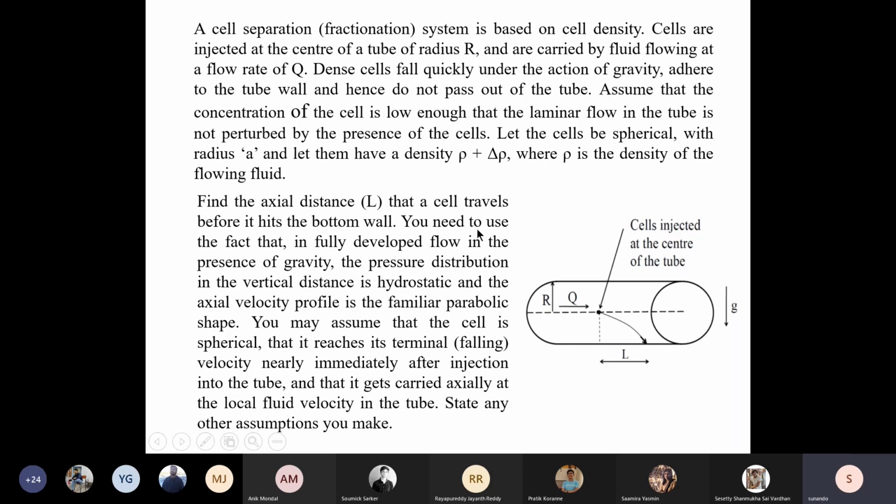before it settles on the sidewalls of the tube? So for that, we would assume that the concentration of the cell is low, such that it would not disturb the laminar flow significantly. We'll also assume, which is a big assumption because the cells are generally not spherical, but in order to solve this problem and get some idea of what would be the expression in such systems of separation, we'll assume the cells to be spherical.